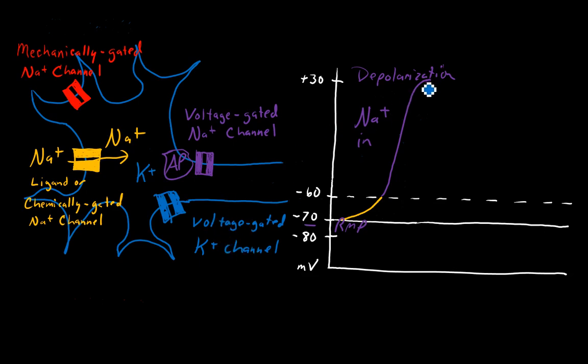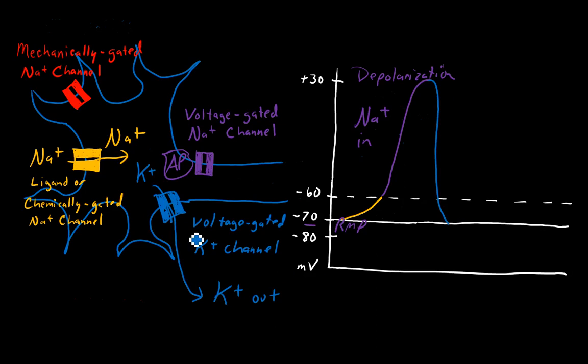So once we hit this very positive charge, that's going to be the impetus for opening these voltage-gated potassium channels. And once they're opened, potassium is going to leave. And as potassium leaves, it's going to take its positive charge with it. So the more potassium leaves the cell, the more negative our overall charge becomes.